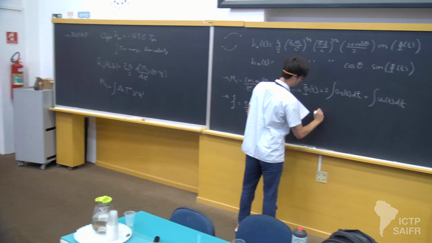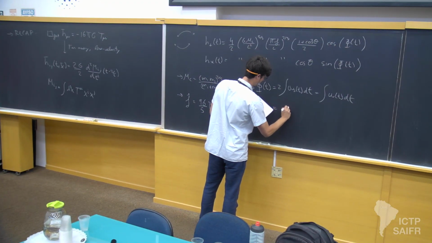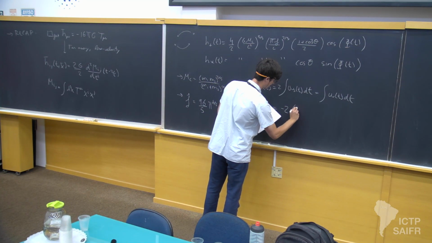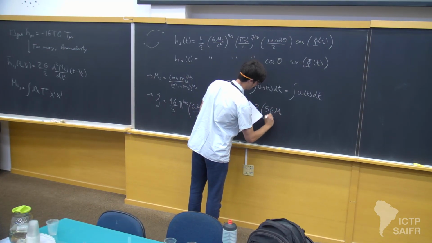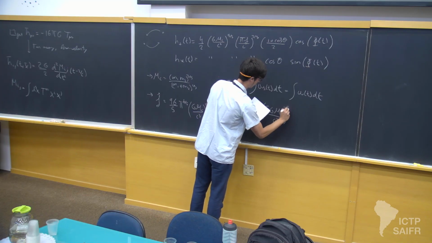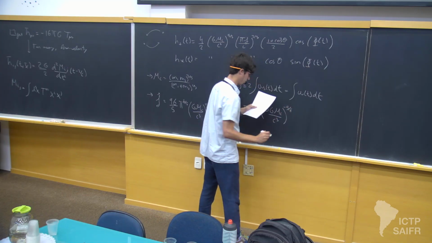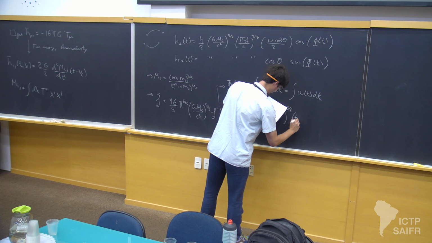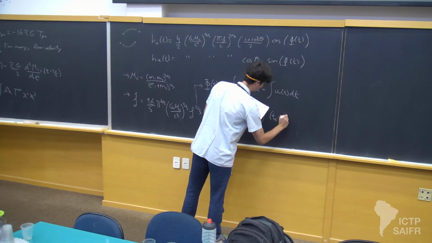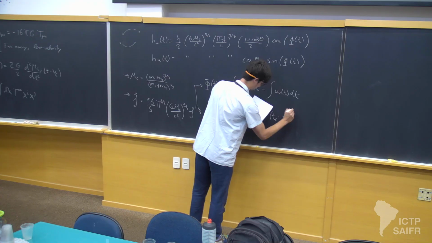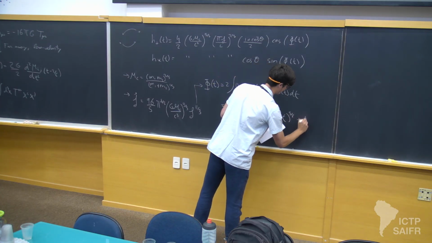So at the end, what you get for the phase, and this is something which I think I didn't put yesterday, is that you have this relation for the phase, which evolves with some power of the chirp mass and also the time to coalescence, with some initial phase.